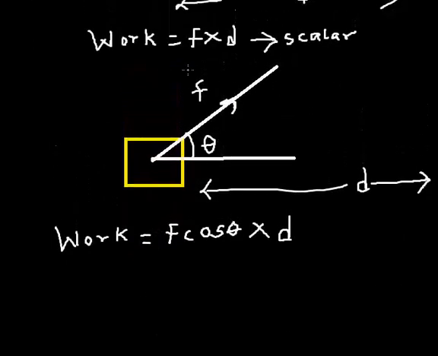For example, let's say a force of 20 newton was applied to this body at an angle of 60 degrees to the horizontal to move this body a distance of 2 meters.